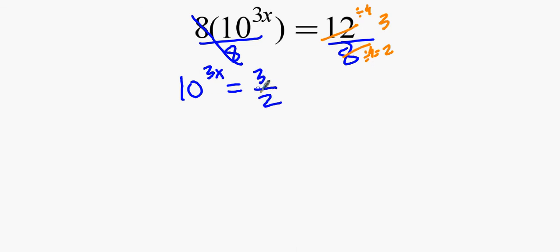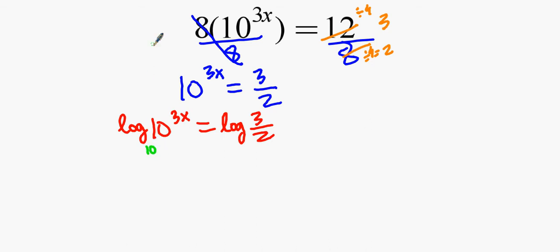Now I have 10, I have 3x, I have 3 halves. So let's take log of both sides. So I have log 10 to the 3x equals log 3 over 2. Now remember, when we have log without any base, that means the base is 10. So what's going to happen here, log and the 10 will cancel. So we have 3x equals log 3 halves.